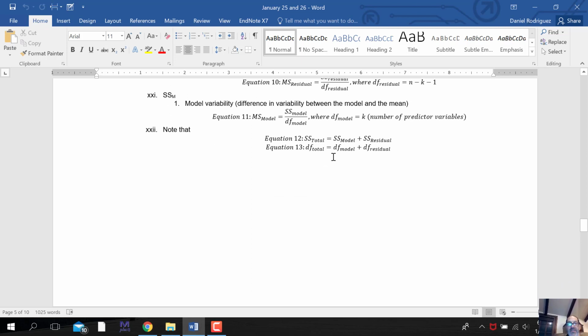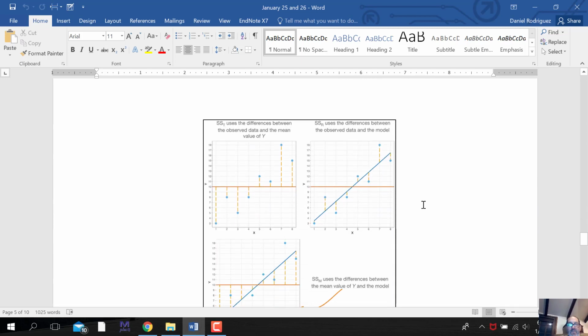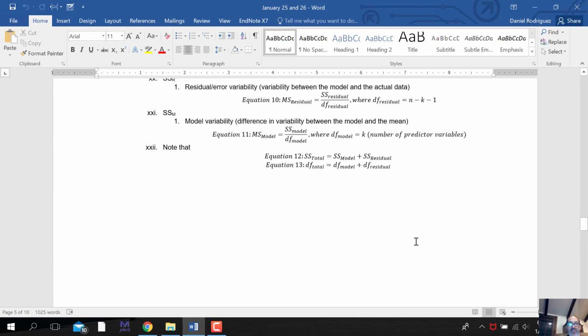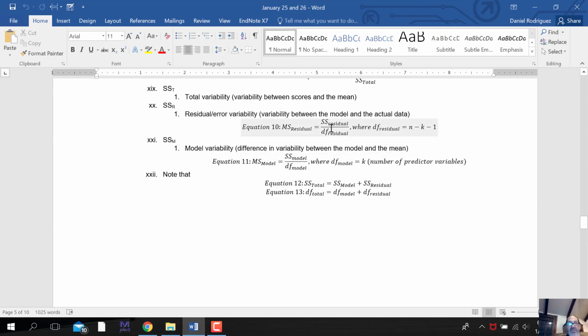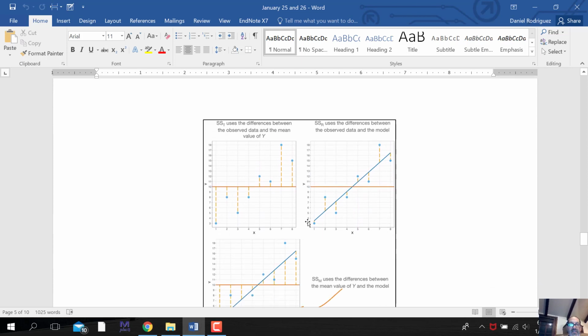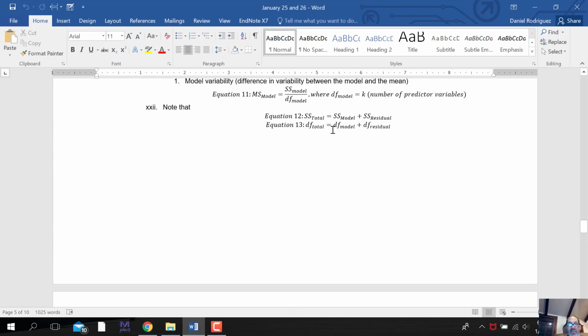And let's see, these are the equations for the total. And this is actually a nice picture of what each of these sums of squares is. You'll notice that in these equations, the sum of squares is in the numerator and degrees of freedom is in the denominator. Again, sum of squares total equals sum of squares model plus sum of squares residual.